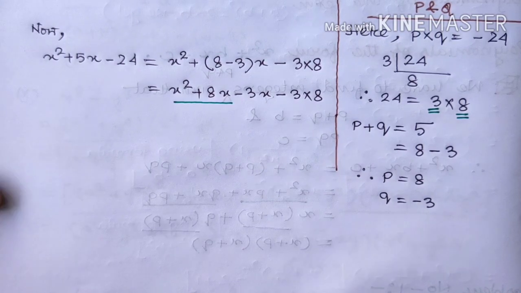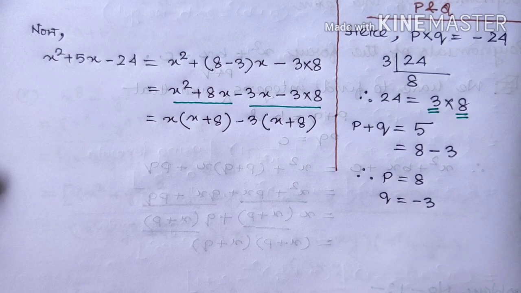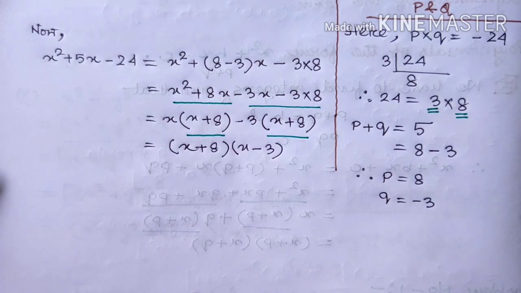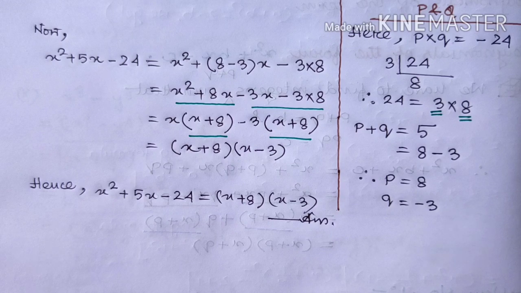Now taking x common from the first two terms we get x into (x plus 8), and taking minus 3 common from the second two terms we get minus 3 into (x plus 8). Now taking x plus 8 common we get (x plus 8) into (x minus 3). Therefore x square plus 5x minus 24 equals (x plus 8) into (x minus 3).